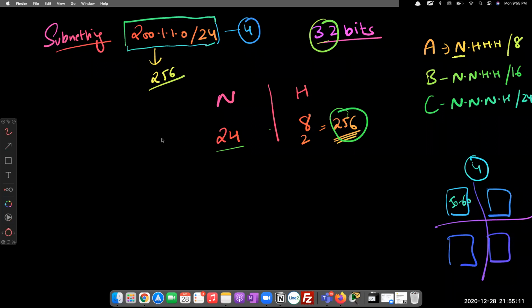Okay. So I have 8 host bits. Tell me how many networks we want to create? 2 or 4? How many networks? 4, right?